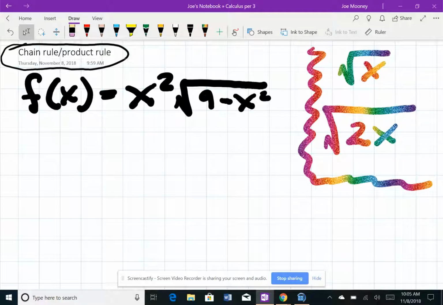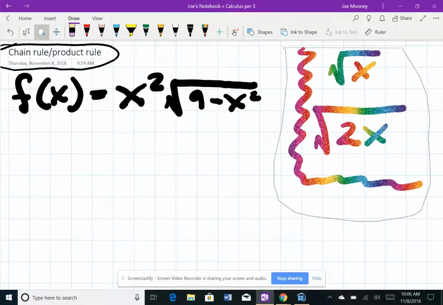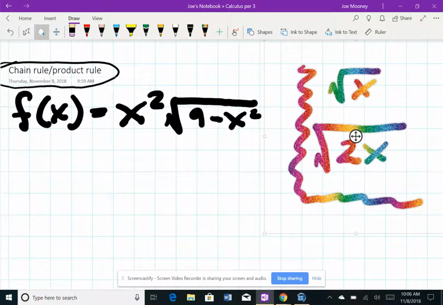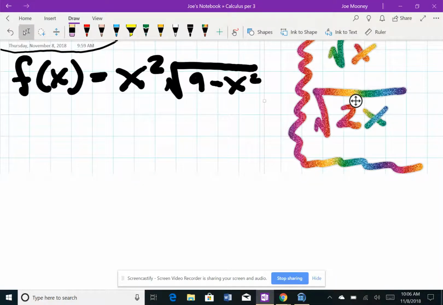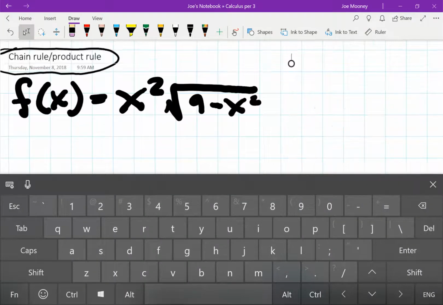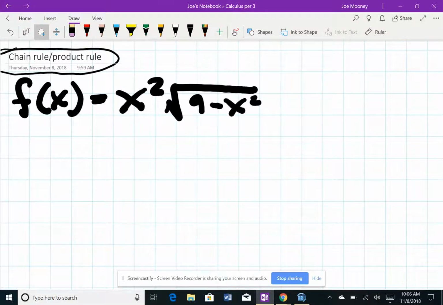So from yesterday, let's get rid of this over here so it's not in the way. All right, I am going to delete that. So f prime is going to be, now it's a product, right? So derive the first, leave the second, add to that, leave the first, derive the second, or whatever you do if you've switched it around.